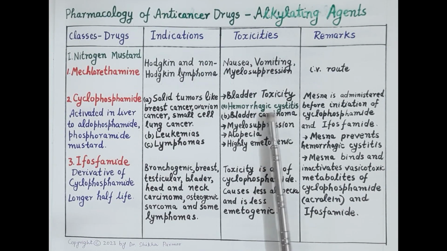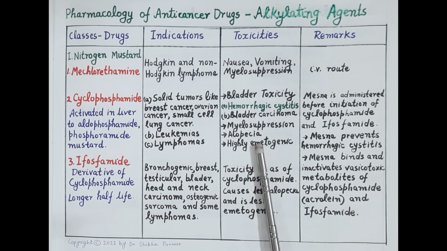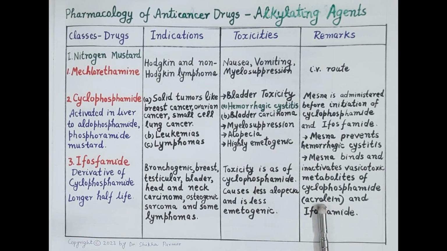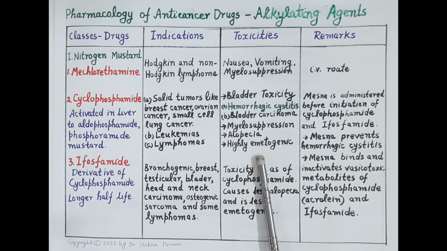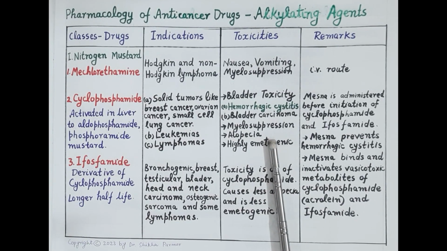This bladder toxicity and another toxicity, alopecia, are the specific toxic effects of cyclophosphamide, and these are produced because of the toxic metabolite, acrolein. In addition to this, cyclophosphamide is highly emetogenic. It causes excessive vomiting, and it also produces myelosuppression, that is bone marrow suppression.